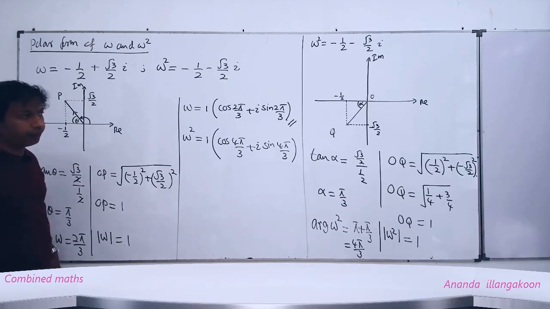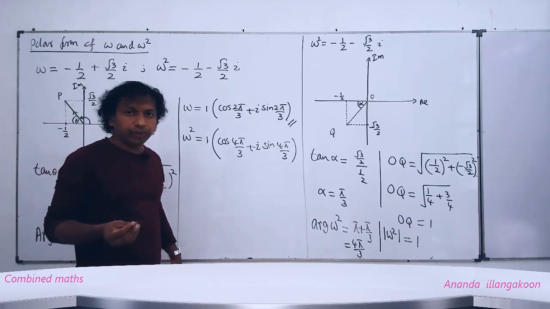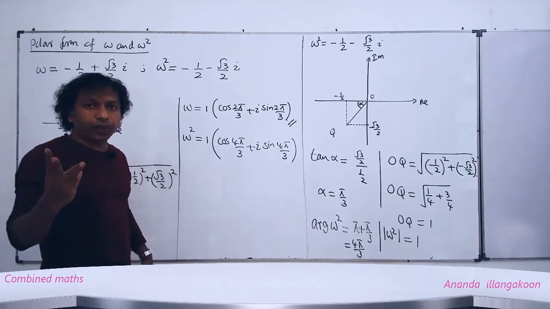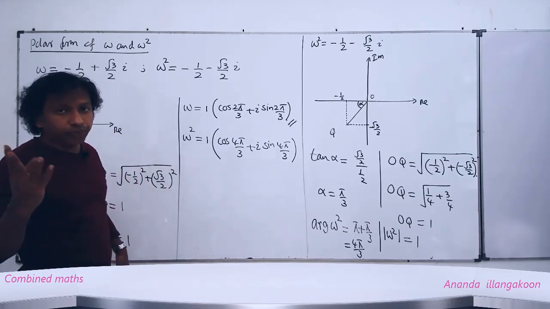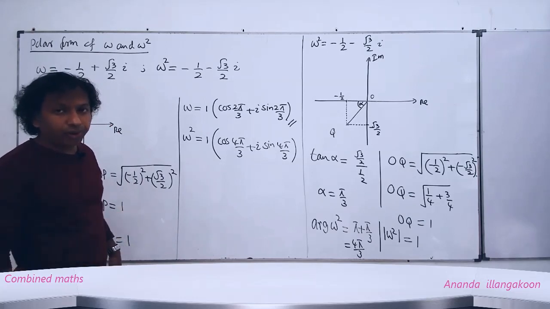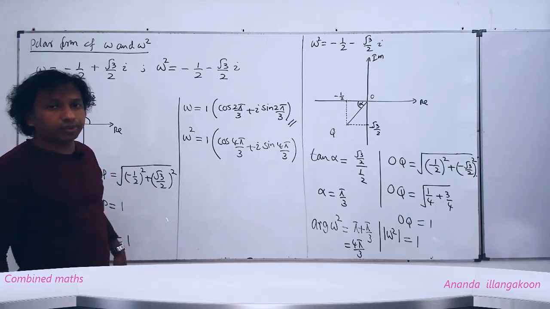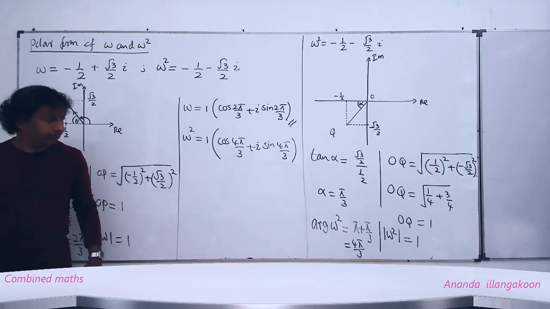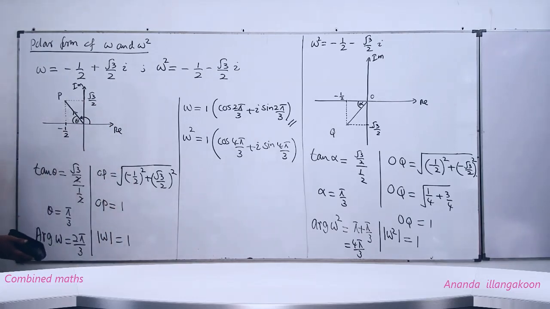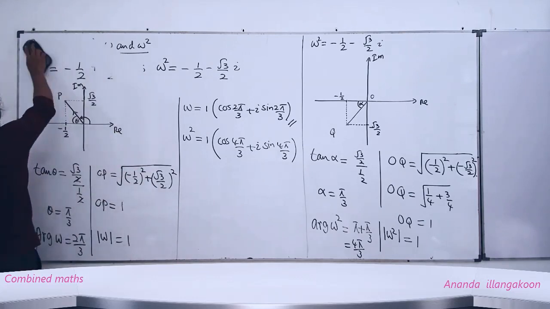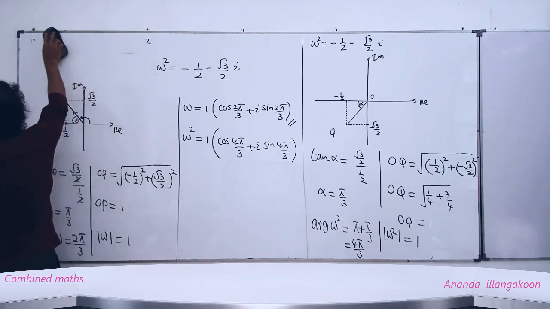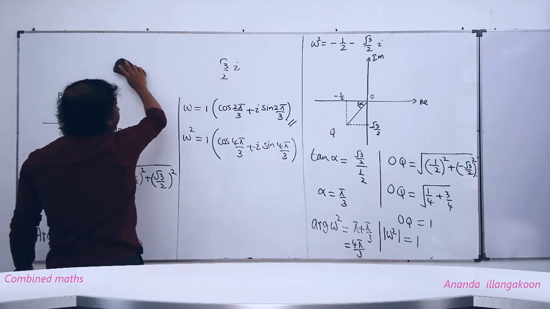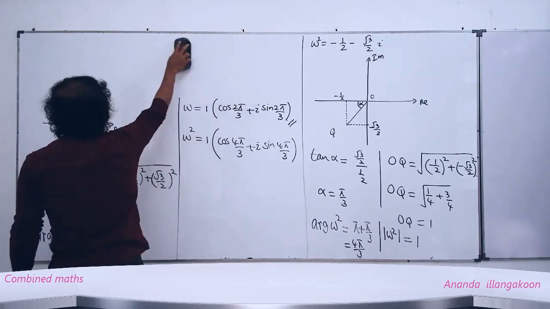Now I can represent, people, there are 3 answers for the cube root of 1. One is 1, the other one is omega, the other one is omega squared. Now I am going to represent them all on the Argand diagram. Okay, now write down the values.